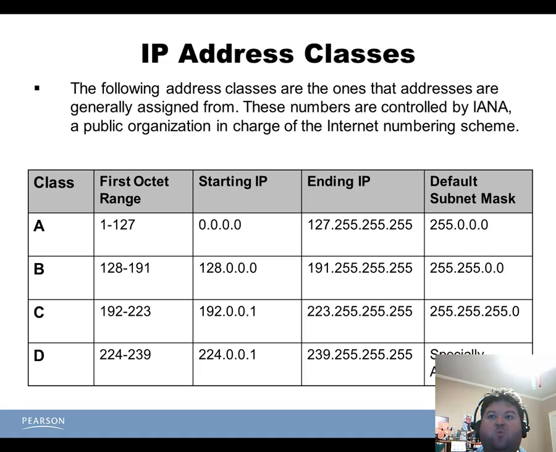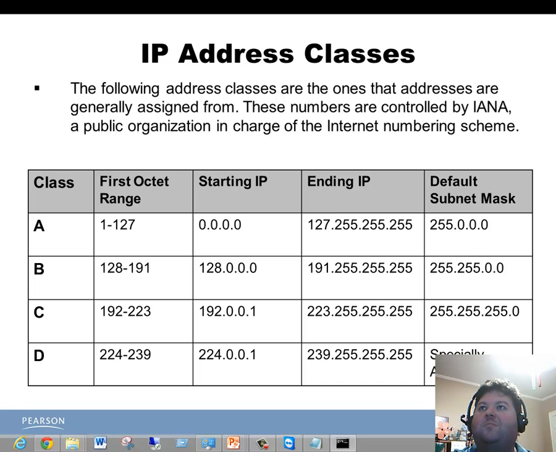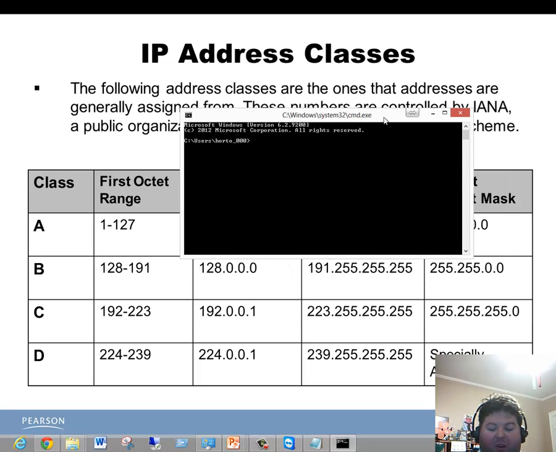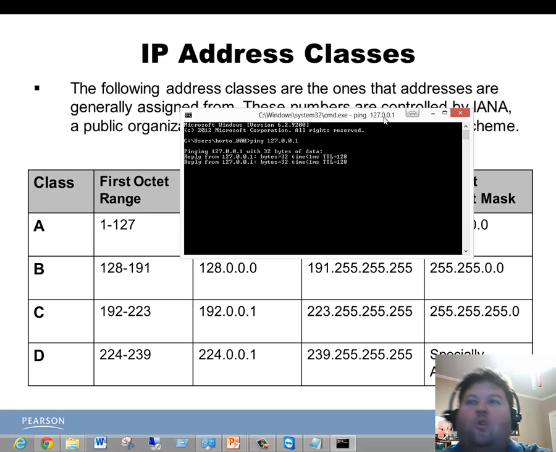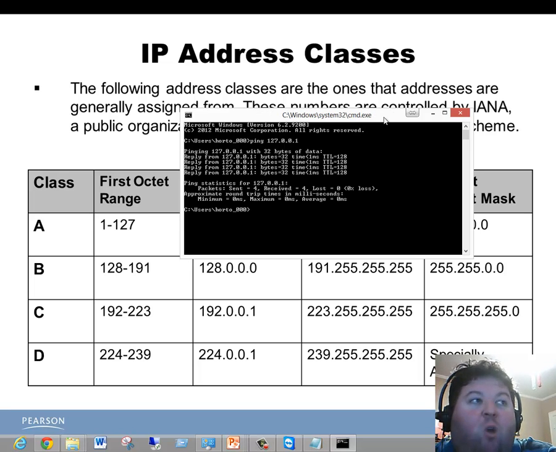The reason 127 is special is because that is what's called the home address. And your computer should always answer to 127.0.0.1. That is the loopback adapter on your computer if it's running TCP/IP.